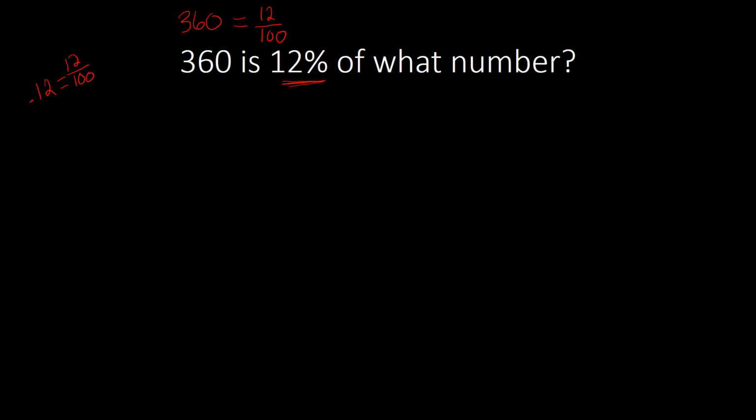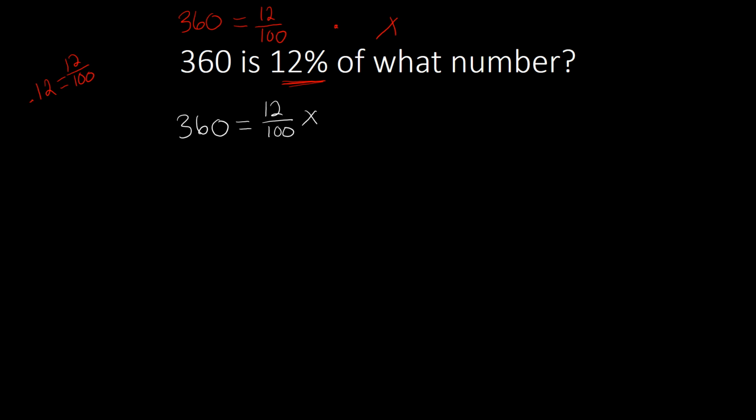And then of, that's multiplication. What number is your unknown? So the equation that I'm going to use is 360 equals 12 over 100. Now remember that I dropped that dot for the multiplication and just put the variable right next to the fraction.